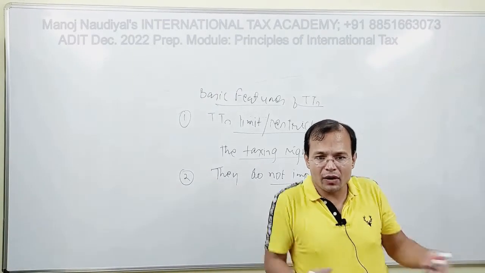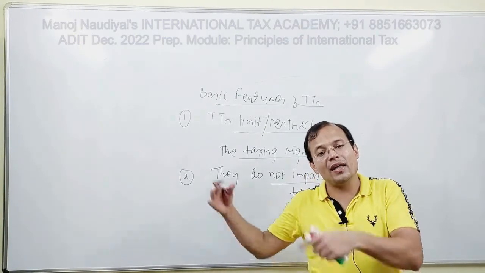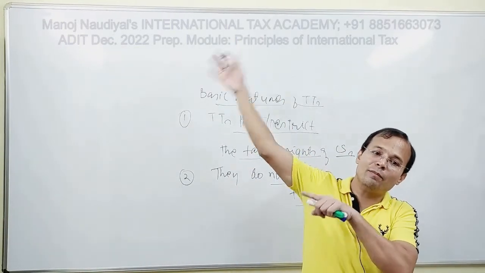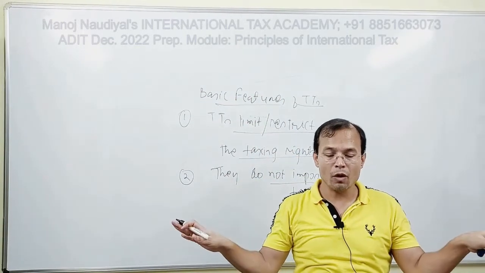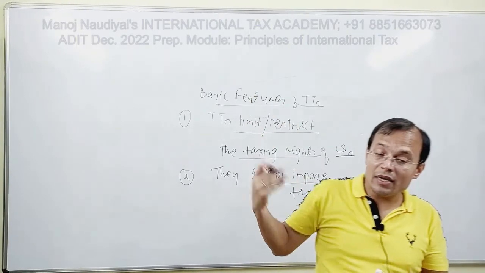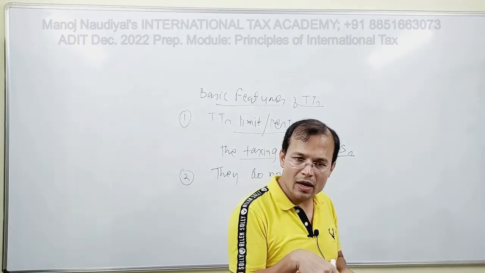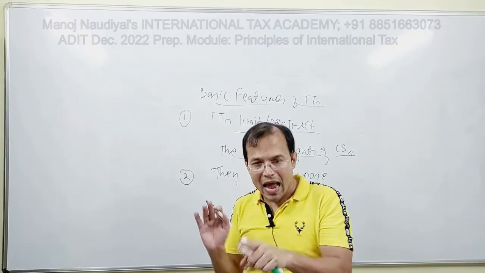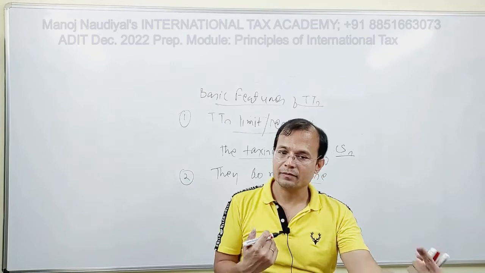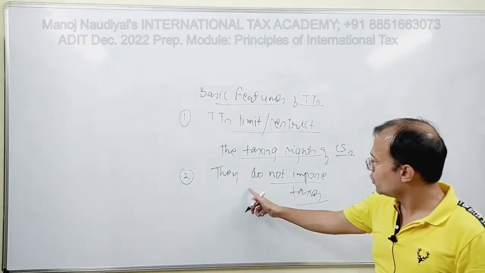Indian Parliament for India. How can the tax treaty that we have entered with Britain impose taxing rights upon us? No. That India-UK tax treaty can only limit the taxing rights of India on certain categories of income, as well as UK. And that too on a mutual basis. Understanding. Fine.